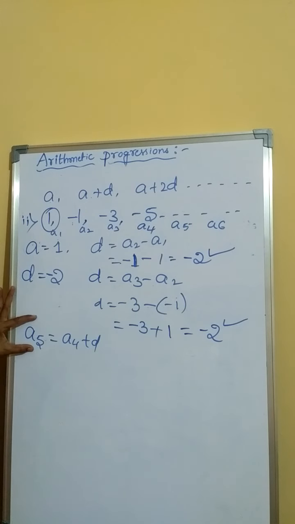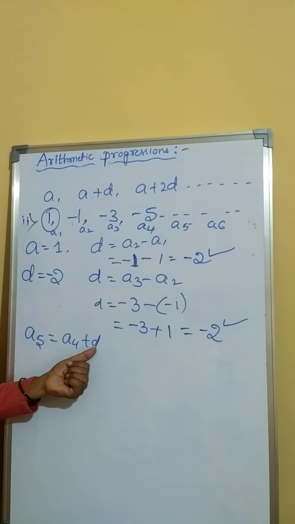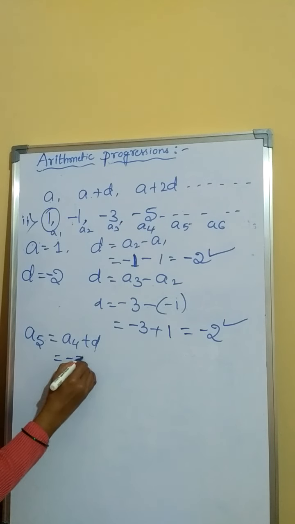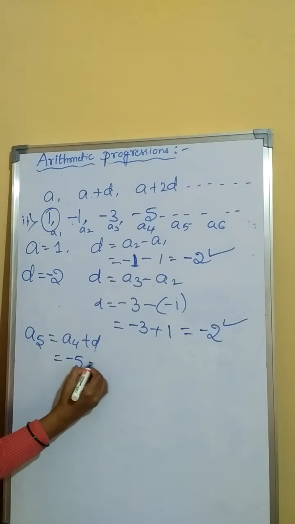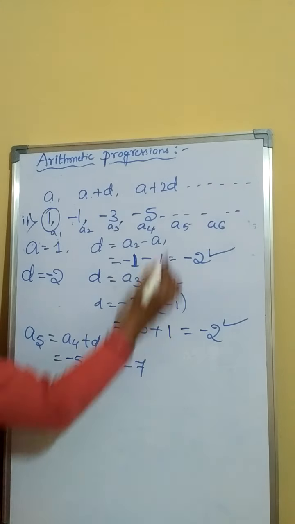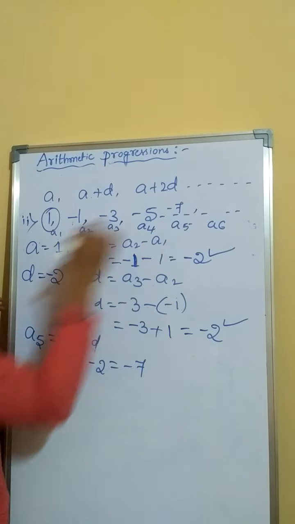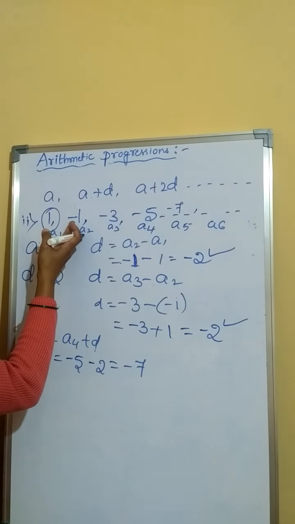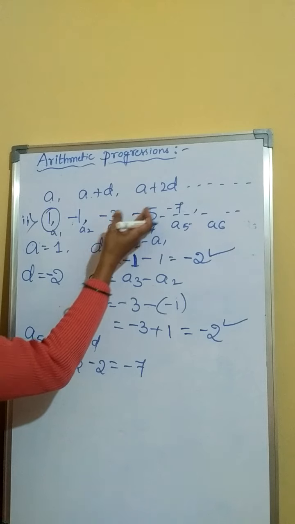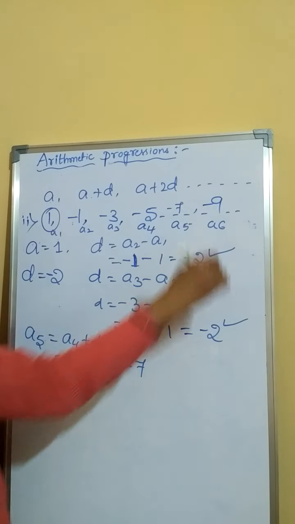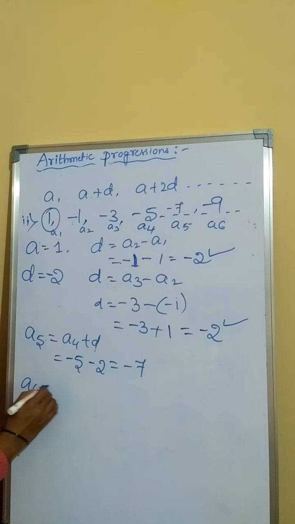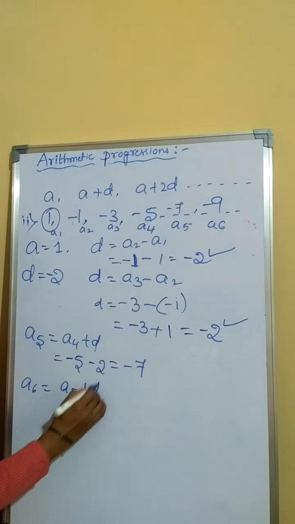A5 is the succeeding term. So, adding a fixed term to its preceding term. That is A4 is how much here? That is minus 5 and D is minus 2, totally that is minus 7. The fifth term is minus 7. Now you can say the next term: minus 1, minus 3, minus 5, minus 7. We can write minus 9 as the next term. So that is A6 can be written as A5 plus D.